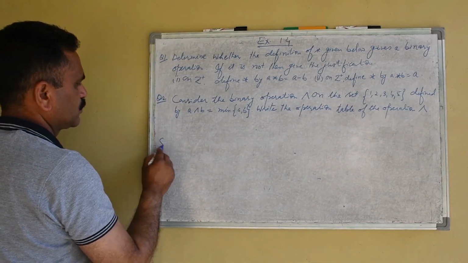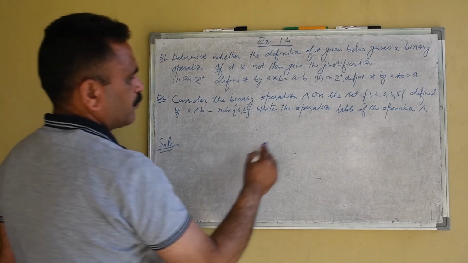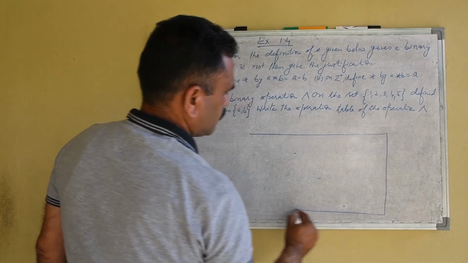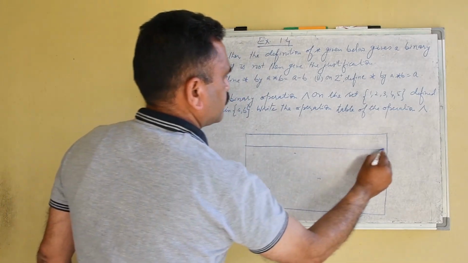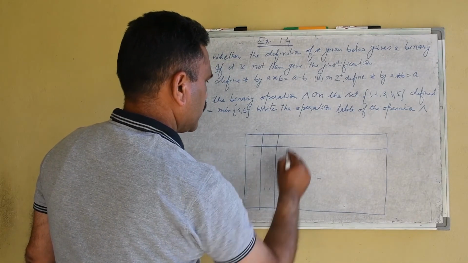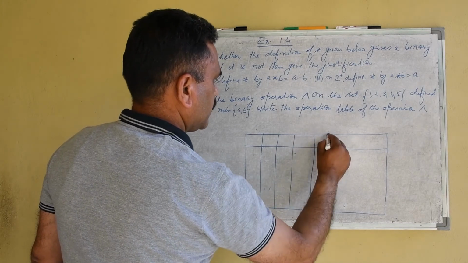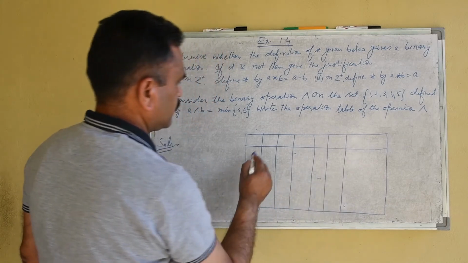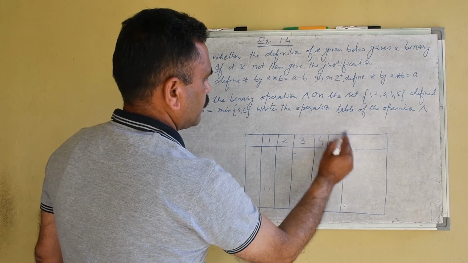So, solution. We have 5 values: 1, 2, 3, 4, 5.